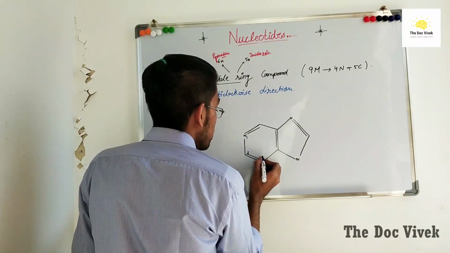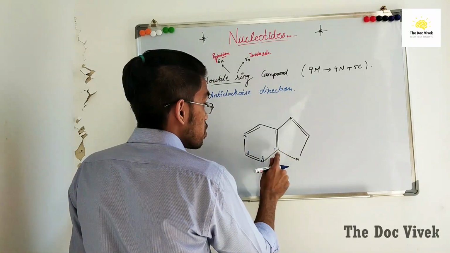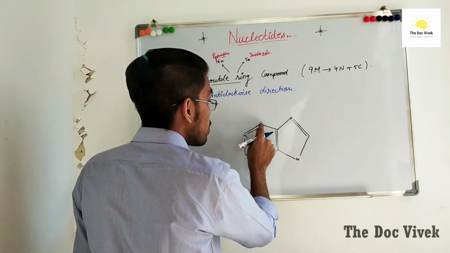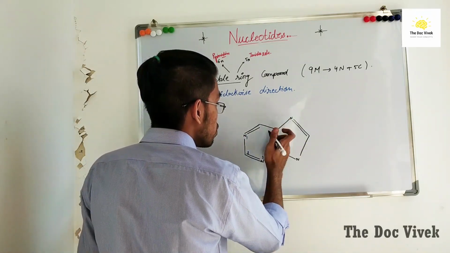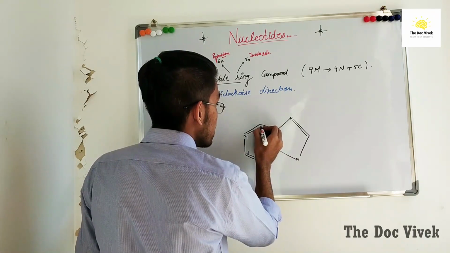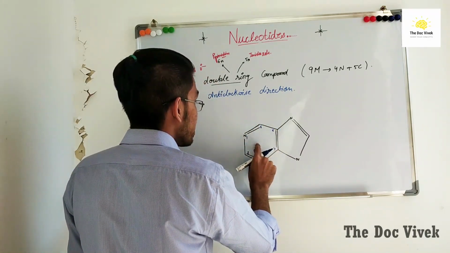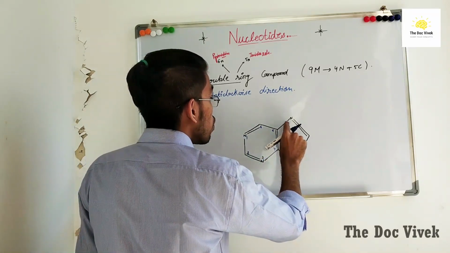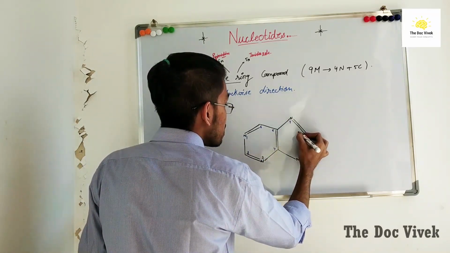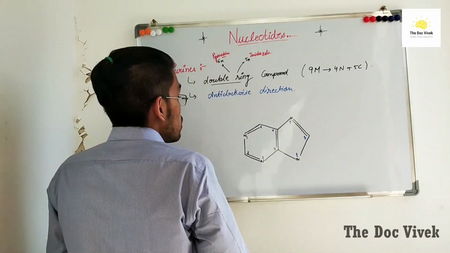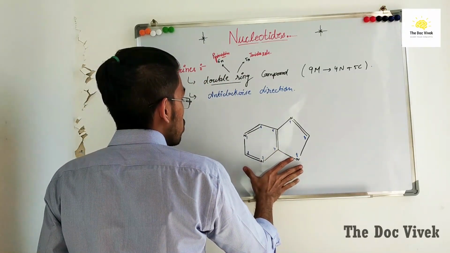So second, third, fourth. Now we will not move towards this ring. Firstly, we will complete the numbering of this ring: 4, then 5, then 6. Then after completing the numbering of this ring, we will move from this nitrogen: 7, 8, and 9. So this is all about the numbering.